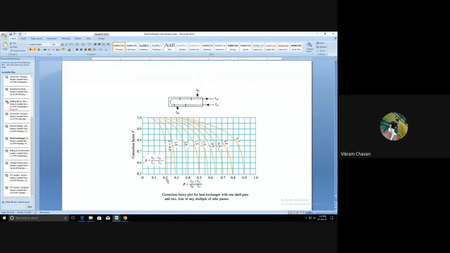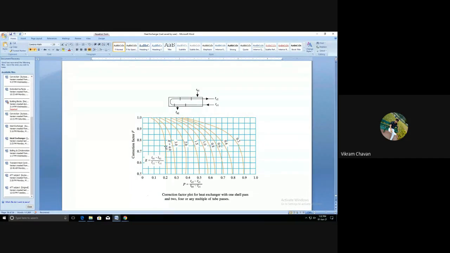Now if I'm getting r as 4.0 and my p value is 0.2, then I will check that 0.2 is here and draw a straight line joining it to this r 4.0 curve. I get the intersection of these two points at this location, 0.2 and 4.0, and I extend that intersection to the y-axis. On the y-axis you will get the correction factor.